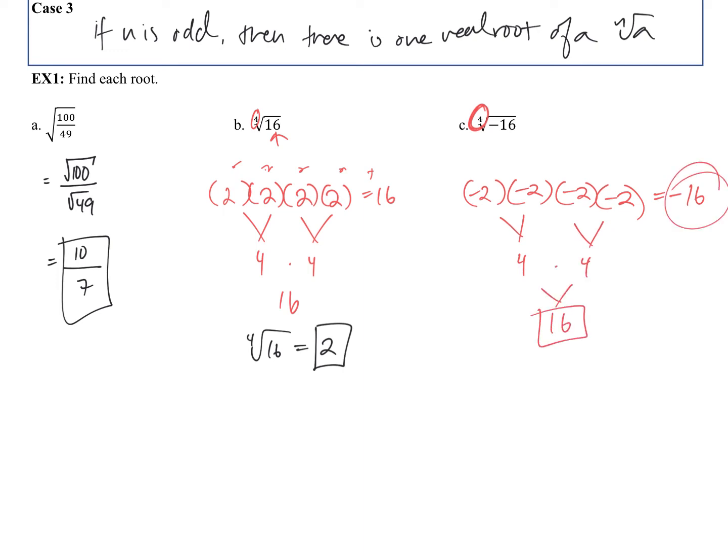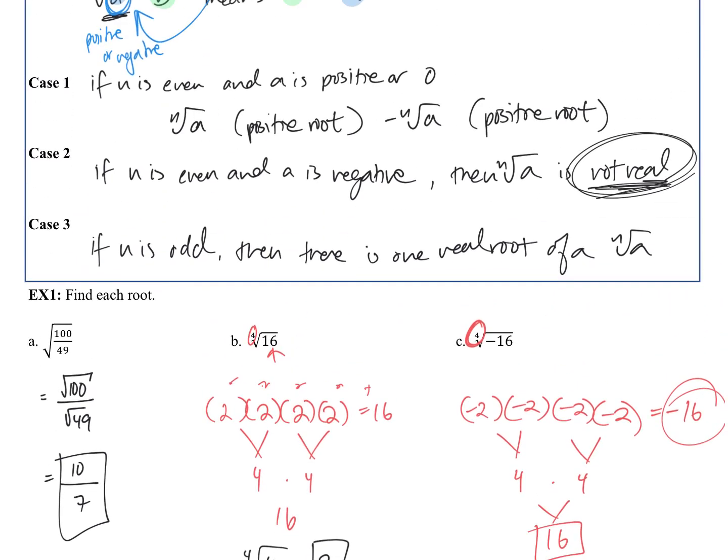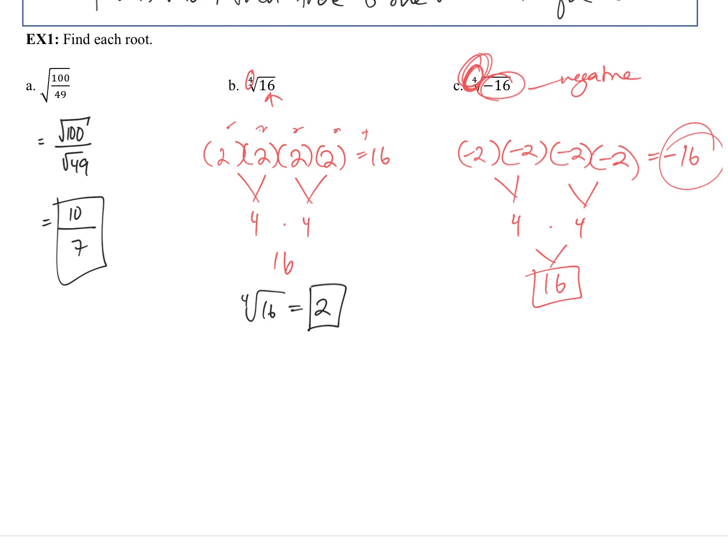I can't find a way to get a negative 16. It's not possible, which is this rule here. If n is even, which it was, and a is negative, which negative 16 was, then what do we know? It's not a real number. So my answer is the fourth root of negative 16 is not a real number.